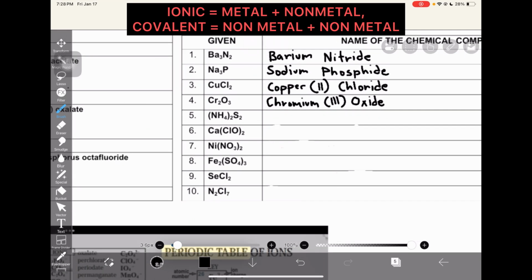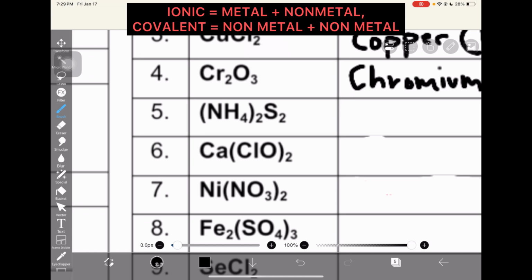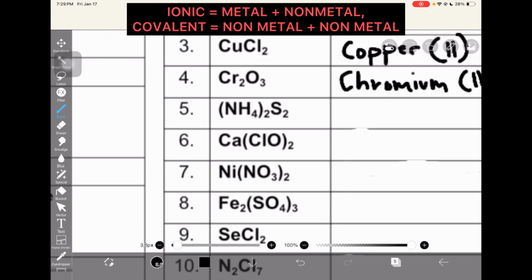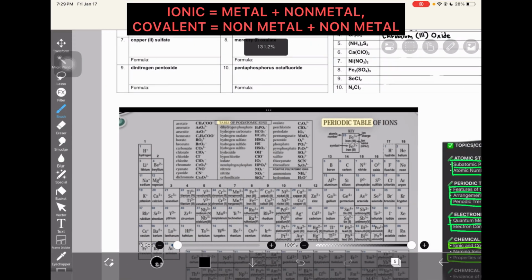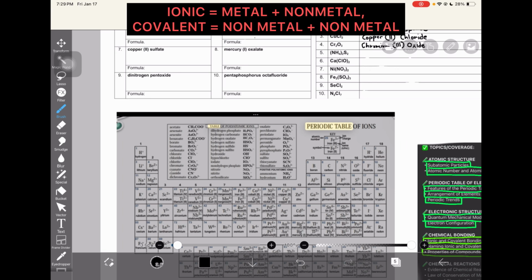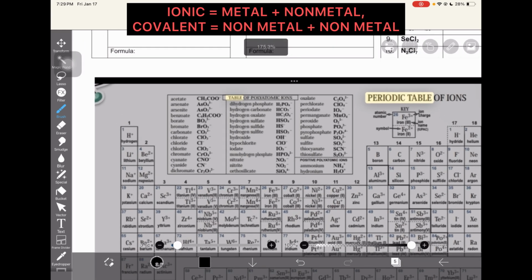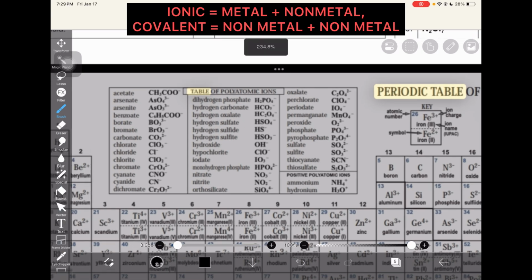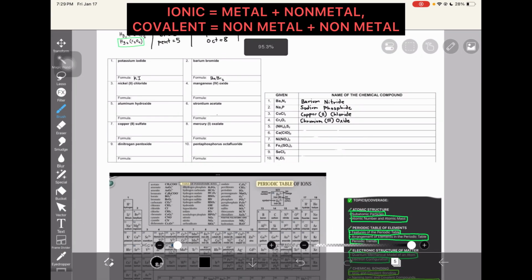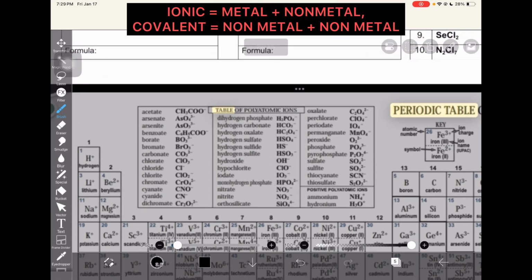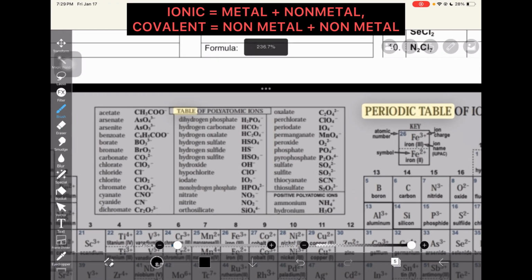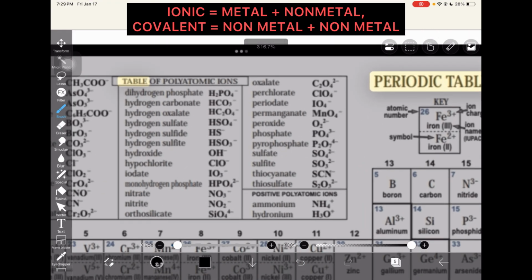Now we're going to add the polyatomic ions. First we have to find the NH4. NH4 sulfide.